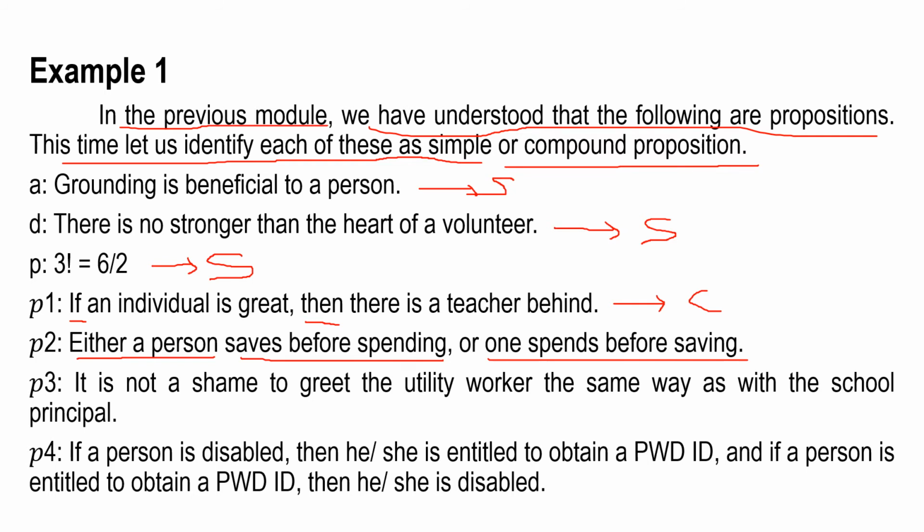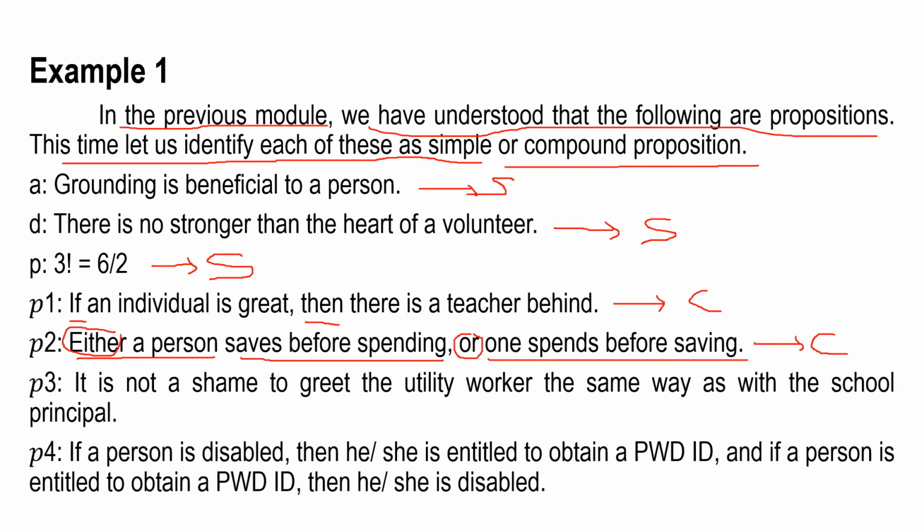As we can see, there's an either-or here. So that will serve as the logical connector in the proposition under P sub 2. Meaning to say that this proposition P sub 2 here is a compound proposition.